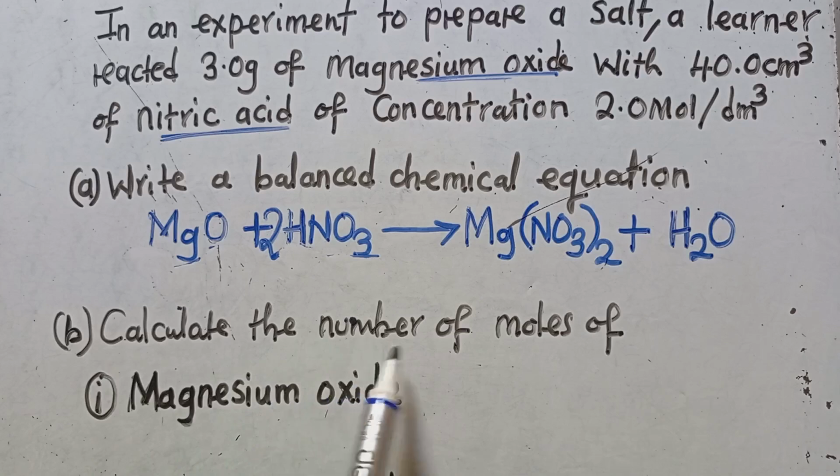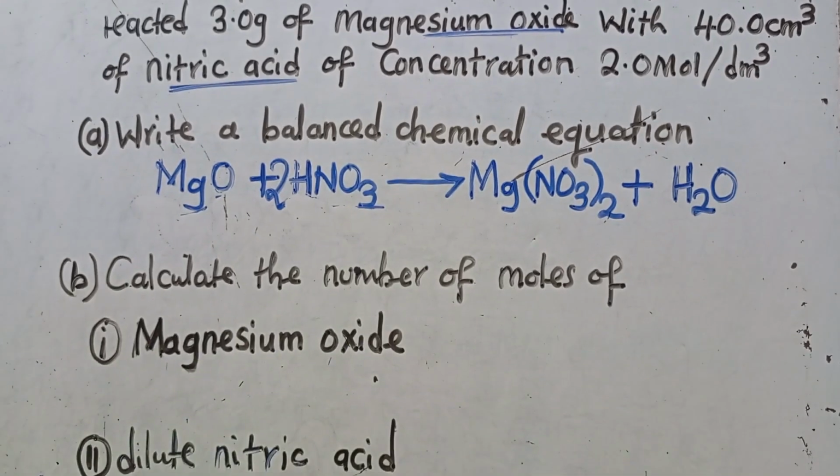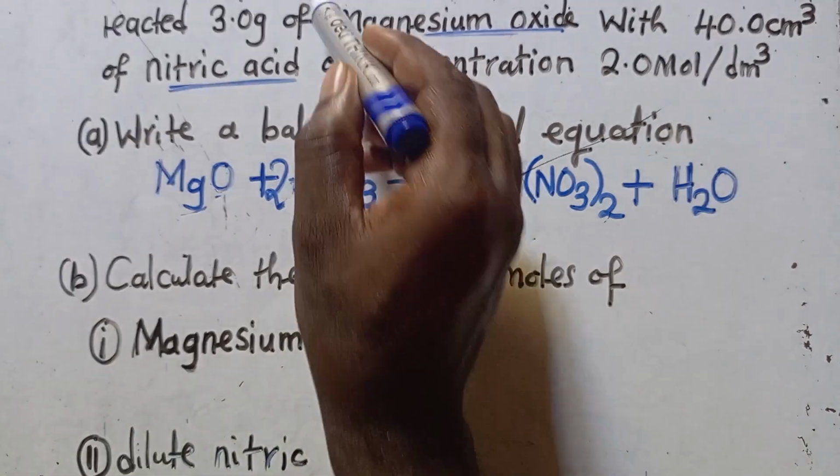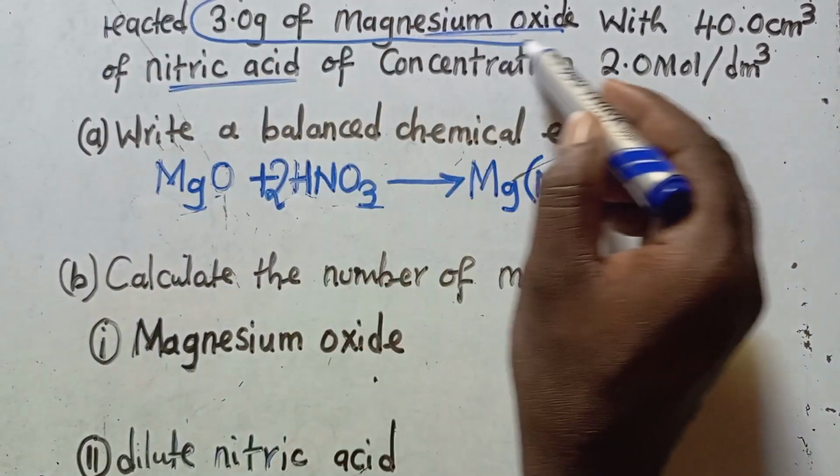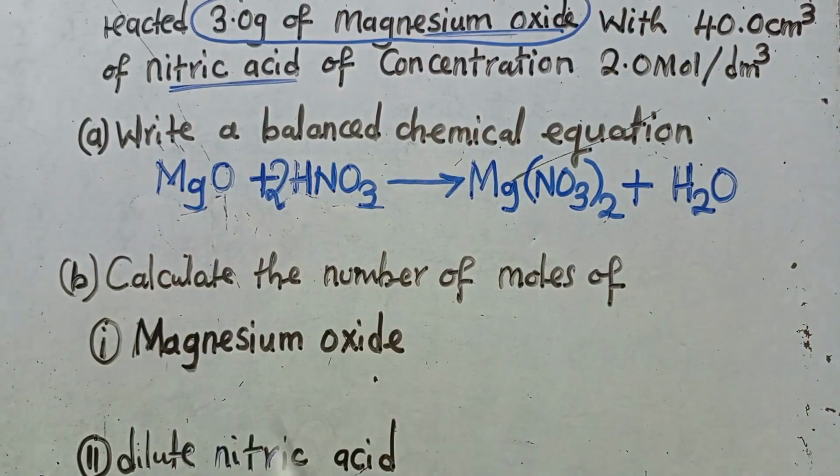Calculate the number of moles of the first one, magnesium oxide. So number of moles for magnesium oxide. How can we find the number of moles? Magnesium oxide, we are given this statement. They are telling us to say 3.0 grams. Since they have given us mass, which means we are going to use that formula where we get the masses.